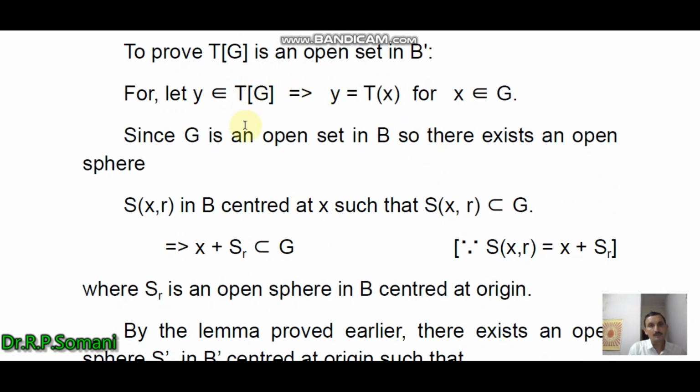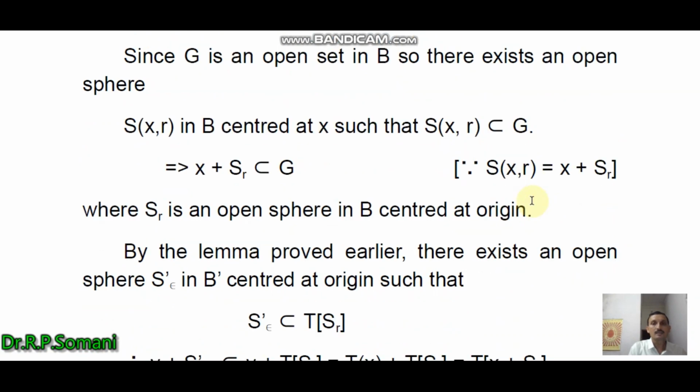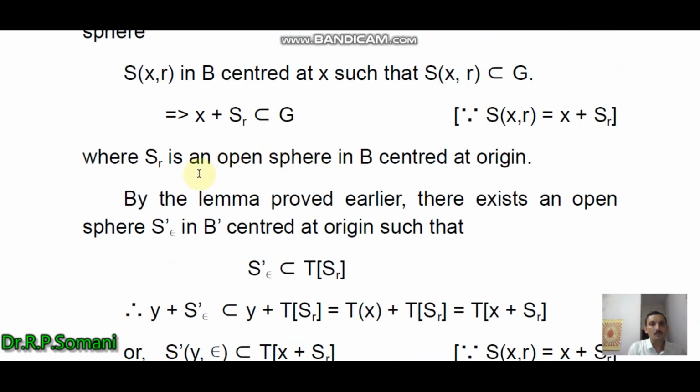So let y belong to TG, then y equals Tx for some x belonging to G. And since G is an open set in B, there exists an open sphere S(x, r) in B centered at x such that S(x, r) is contained in G. Then by our previous results, S(x, r) equals x plus Sr, therefore x plus Sr is a subset of G, where Sr is an open sphere in B centered at the origin.